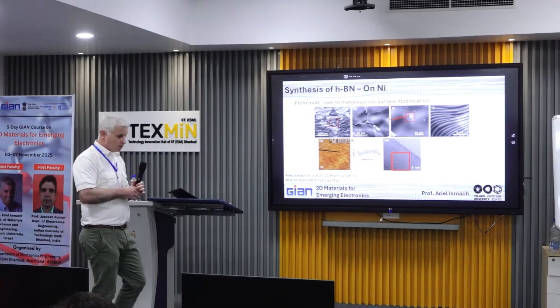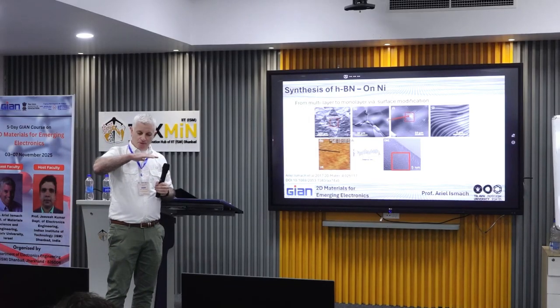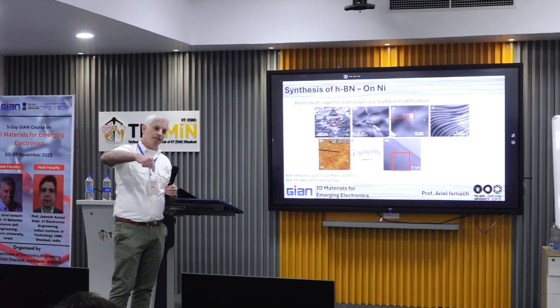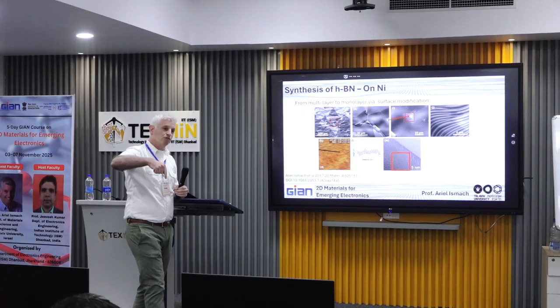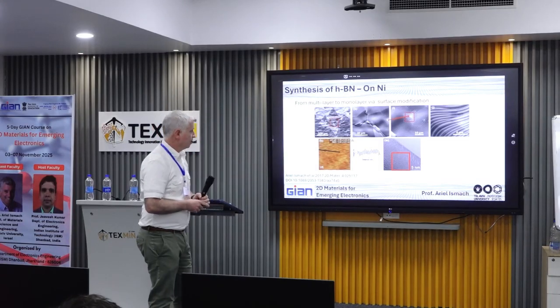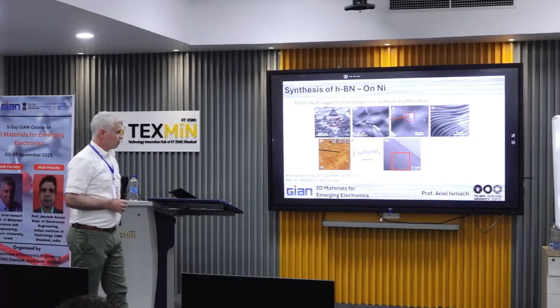But imagine that you have a modification on the surface of the nickel that inhibits the diffusion of the boron and nitrogen species into the metal. And this is exactly what we saw here.